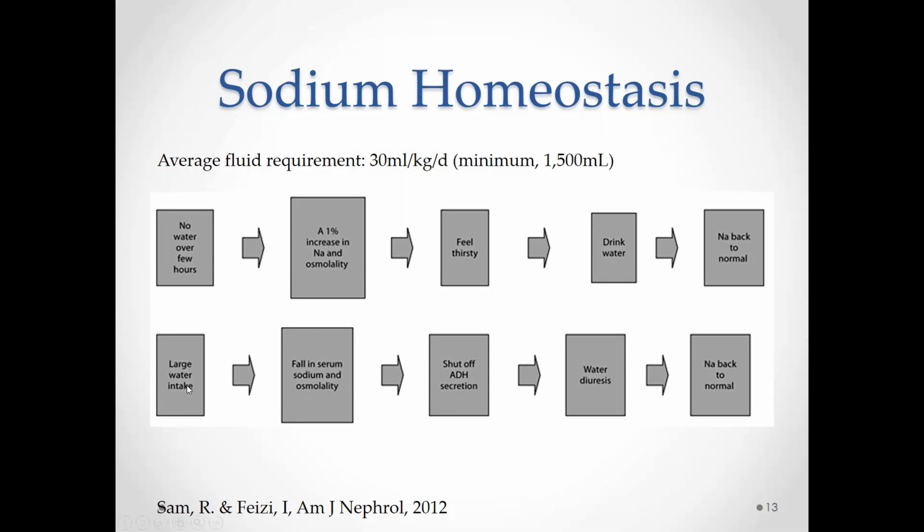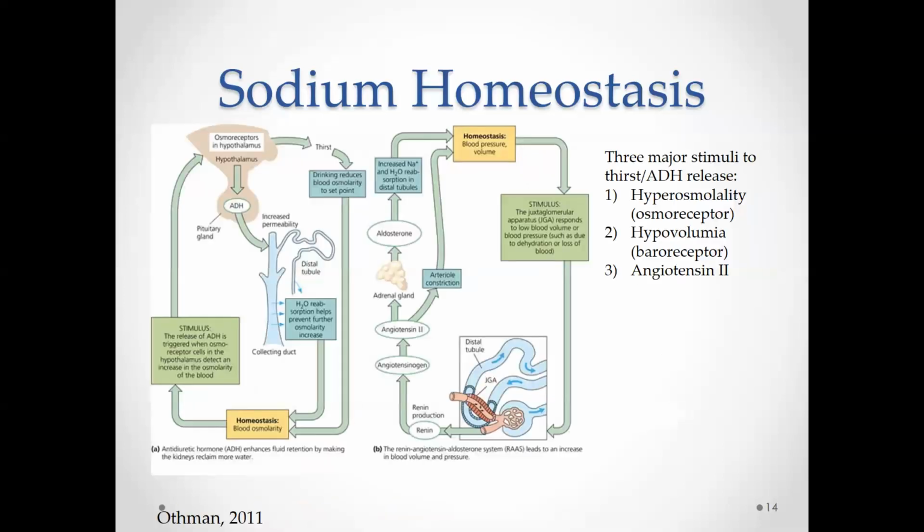The opposite happens with large water intake. That will cause a fall in serum osmolality and shut off ADH, and then we become water diuresis, and the sodium will come back to normal. So this is how our body regulates water and sodium.